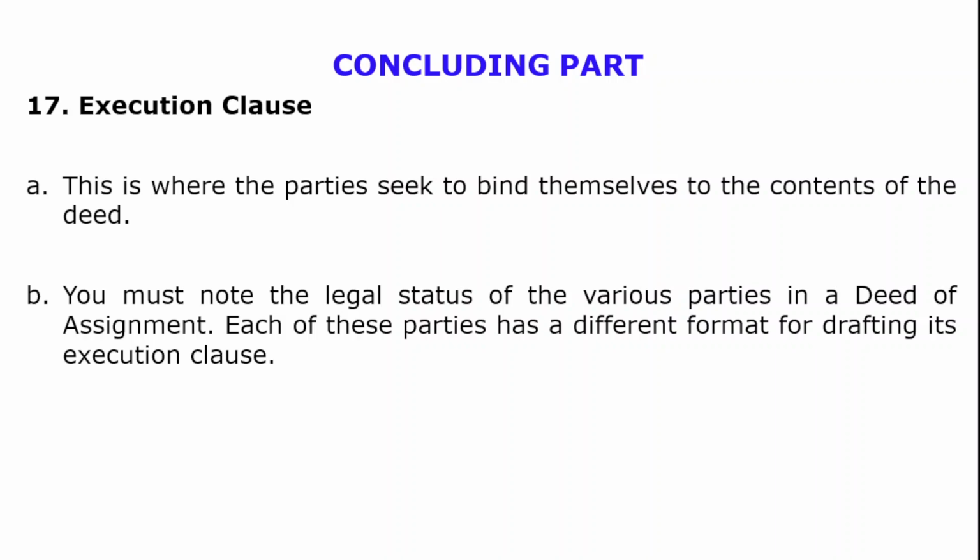So when you are done with the main tutorial video and watch this video, you can go through the documents and know how to properly identify the parties, and then draft the execution clause for each of the parties to reflect their legal status.